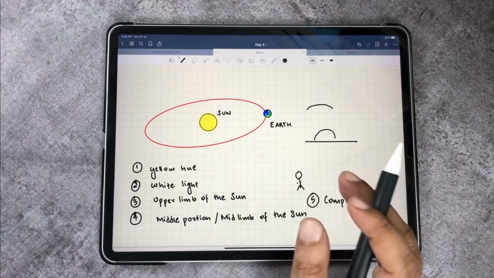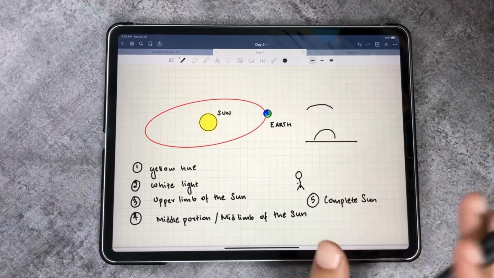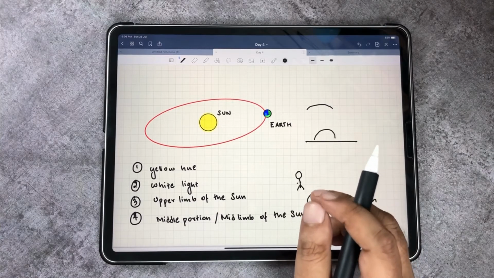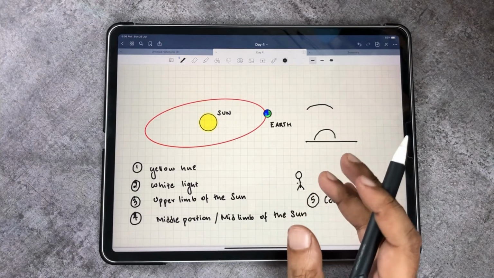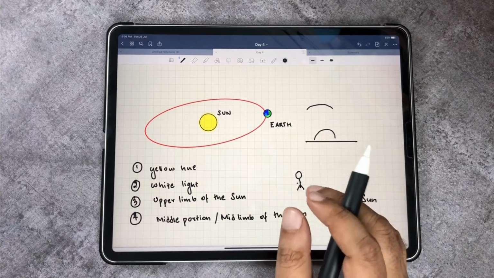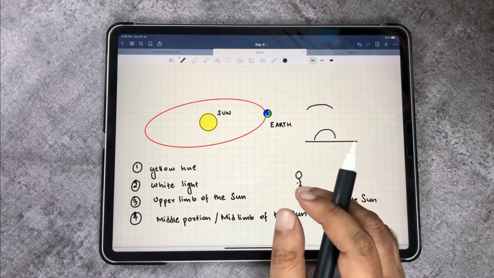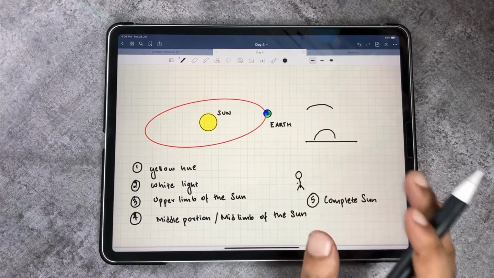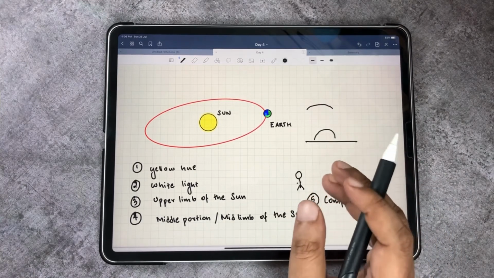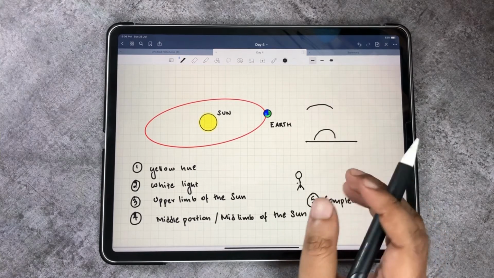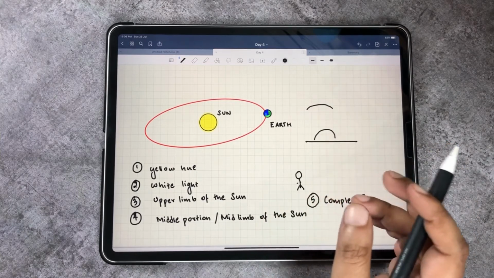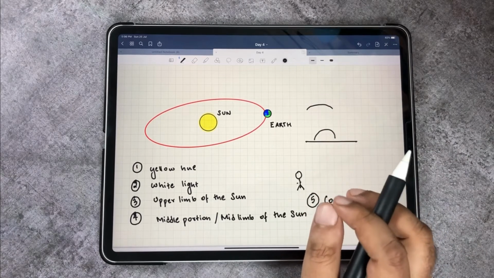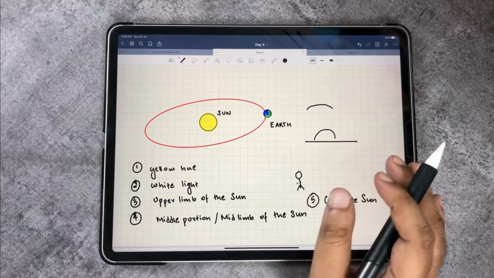The sunset is the moment of the disappearance of the upper limb. But the astrological sunrise or Surya Udayam is defined as the time of the first appearance of the middle limb or the Bimba Madhi of the sun, and the sunset is defined as the disappearance of the Bimba Madhi of the sun. That's all. Of course, there are further more intricate calculations based on the atmospheric refraction during sunrise and sunset. That is for a later study. But all that you need to remember as of now is just this.